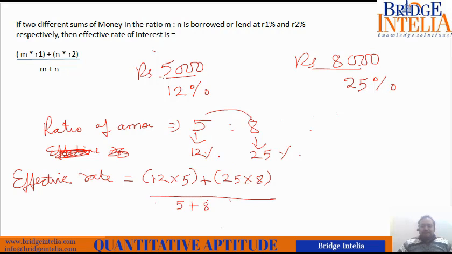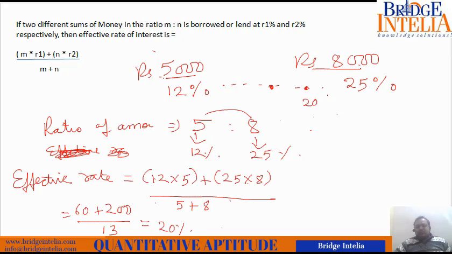So let's see how much this comes to be. 12 into 5, 60, plus 25 into 8, 200, divided by 8 plus 5, 13. So 260 divided by 13, 20%. So somewhere between 12% and 25%, the answer comes out to be 20%.